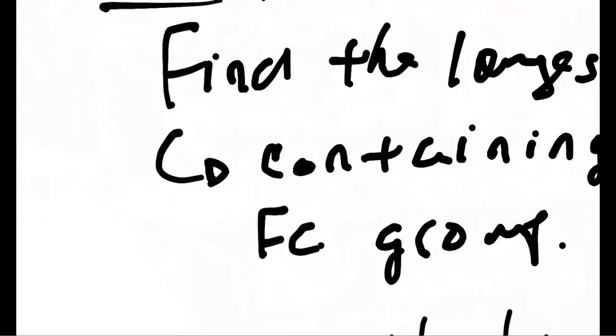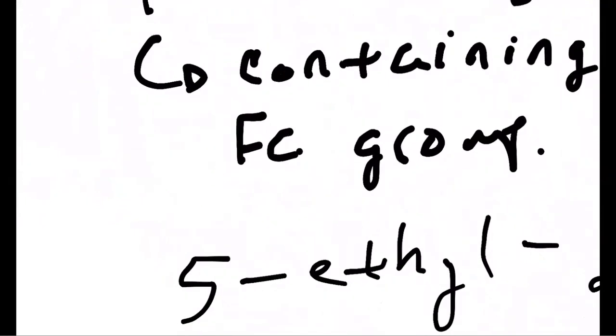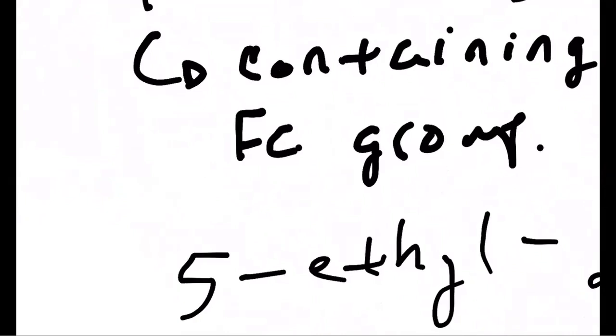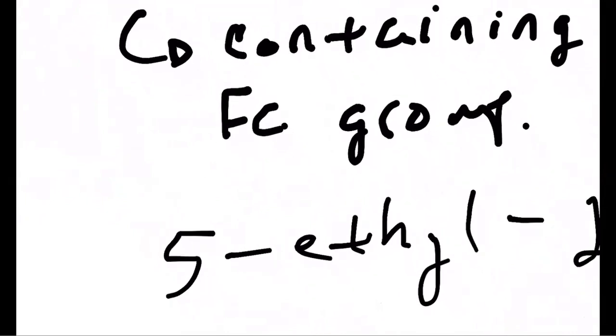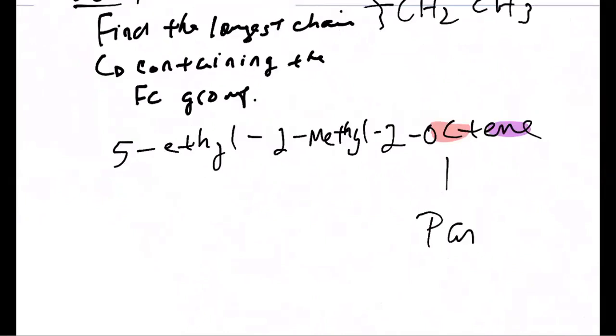Okay, thank you. Yeah, when we look at the whole name, it's 5-ethyl-2-methyl-2-octene. Again, this is the parent. This is the suffix, which is going to tell me what functional groups are present. Is it an alkene? Is it an alkane? Is it an alkyne, which is a triple bond?